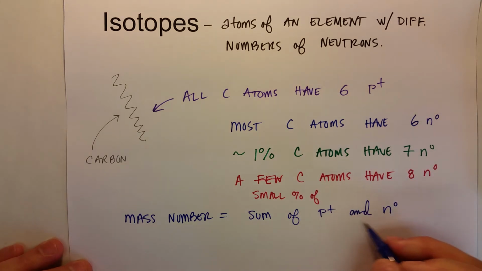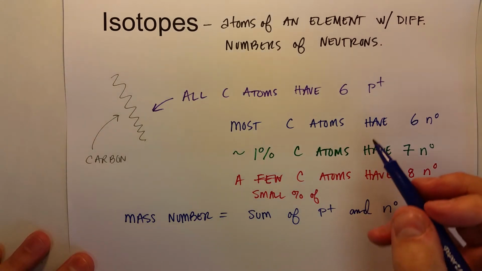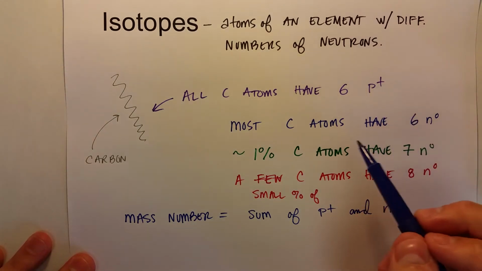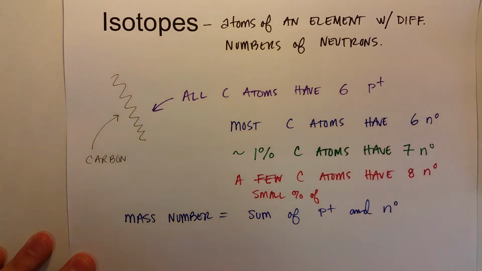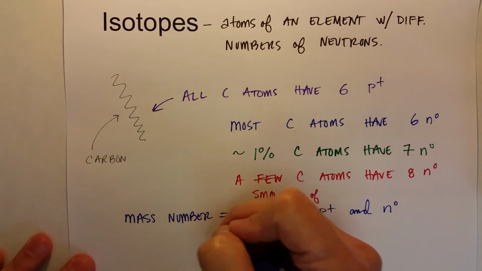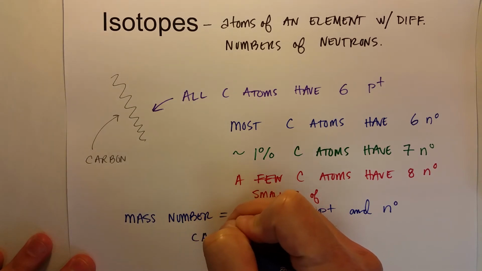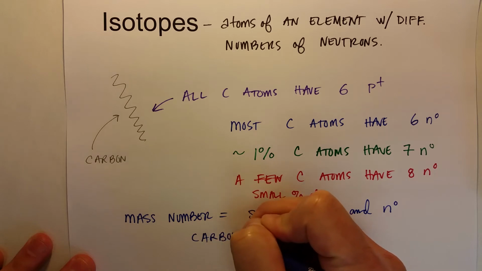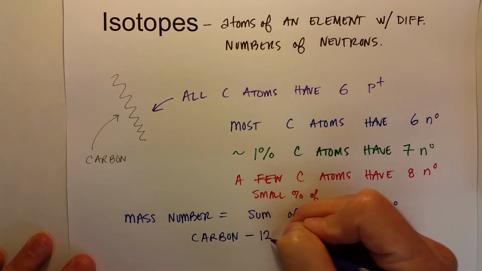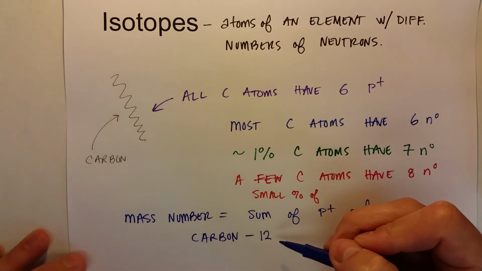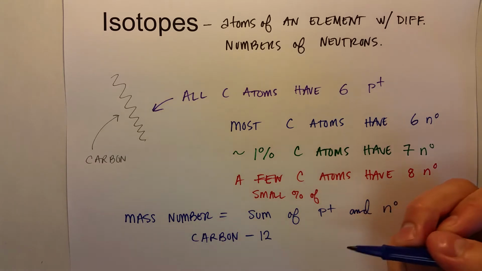For instance, the mass number of most of those carbon atoms with 6 protons and 6 neutrons is 12. We usually write the mass number using a dash after the element's name and then the mass number: carbon-12. That's how we would refer to the isotope with 6 protons and 6 neutrons.